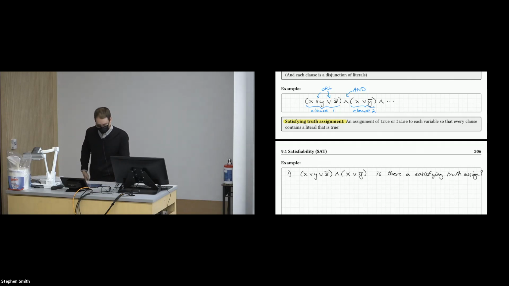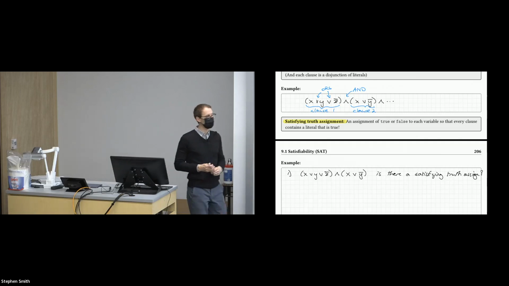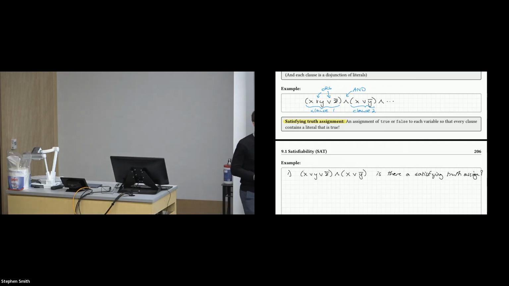Can you find one? Can I assign true or false to X, Y, and Z such that each clause contains a true literal? Can someone give me an example? Yeah, perfect, because X appears as a positive literal in both clauses. So setting it to true, I'm done, actually. I can do anything I want with Y and Z.